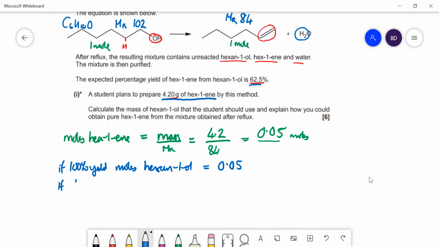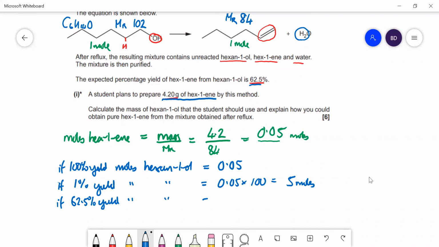So if we get a 1% yield, the moles of hexan-1-ol we're going to need, we're going to need 100 times that, aren't we? So we're going to need 0.05 times 100, which is equal to 5 moles. But we don't get 1% yield, we get a 62.5% yield. So how much are we going to need there? We're going to need 5 moles divided by 62.5, which gives us 0.08 moles of hexan-1-ol.